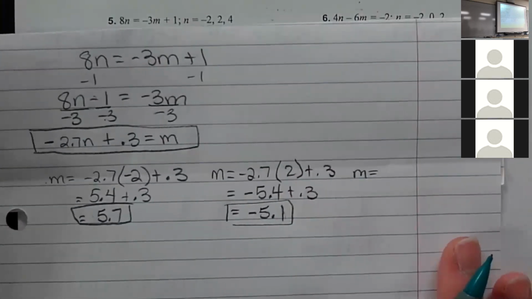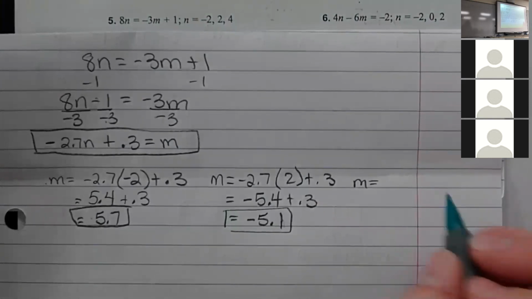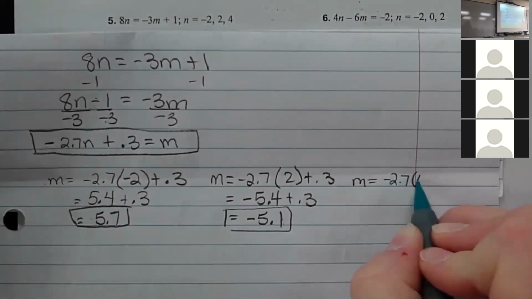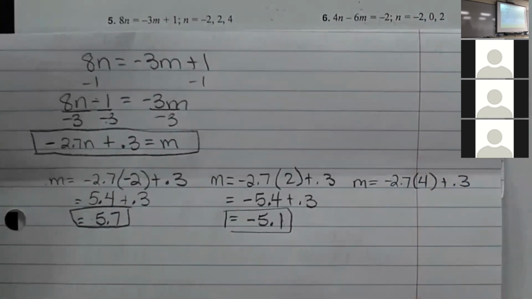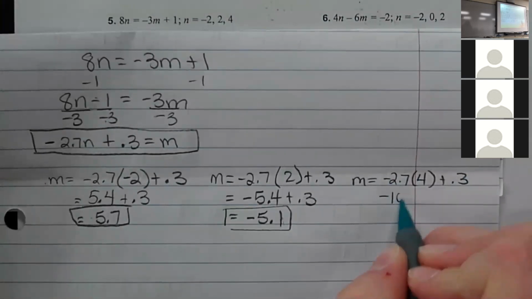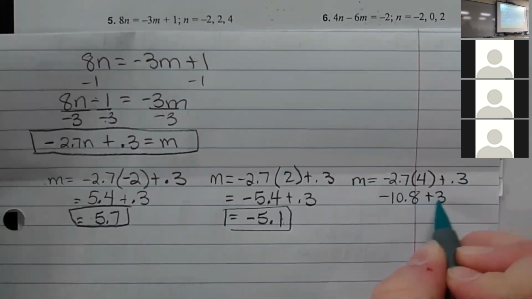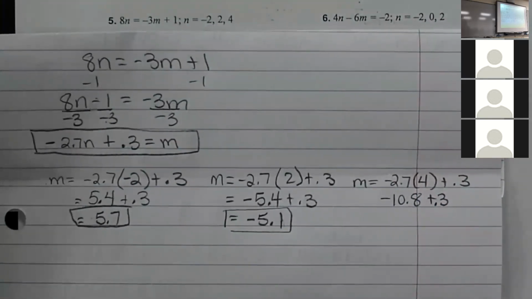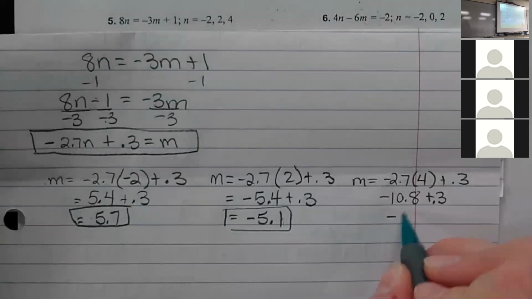Equals, last value to put in is a 4. Negative 2.7 times 4 plus 0.3. This would be a negative 10.8 plus 0.3. So that'd be negative 10.5.